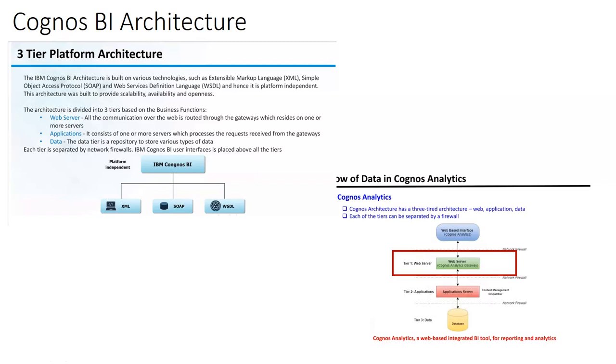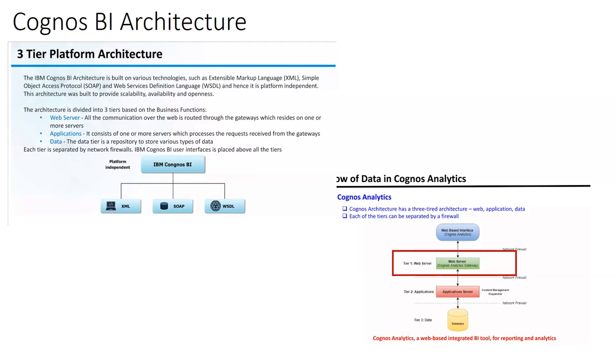The gateway acts as the preliminary check to permit authentication and authorization of the registered user and provides access permission for the end user to go into the Cognos Analytics homepage. So this is tier 1, where the web server comes into play. Between the browser and the Cognos web server, there is a network firewall that does stringent authentication and authorization.